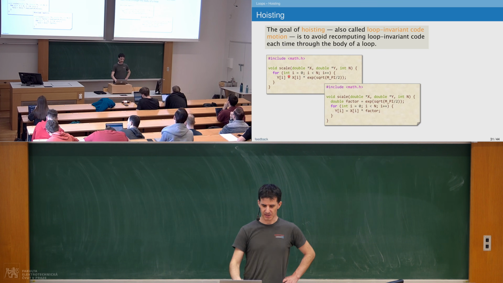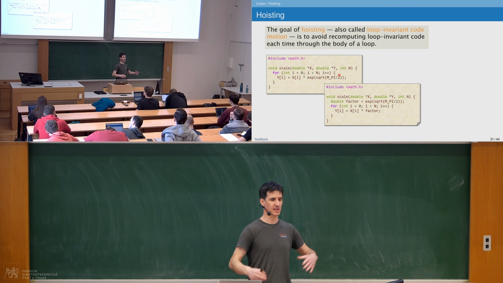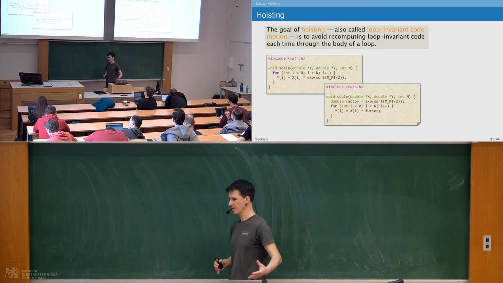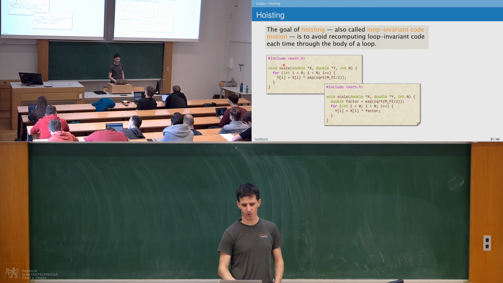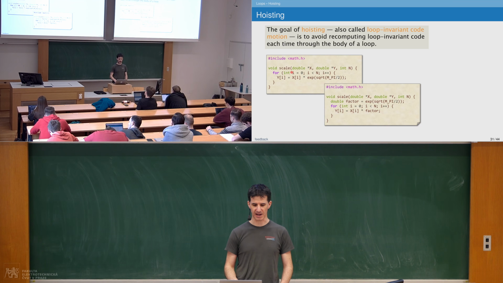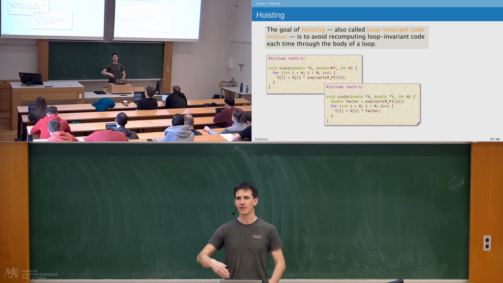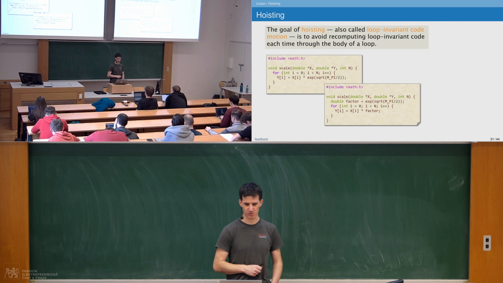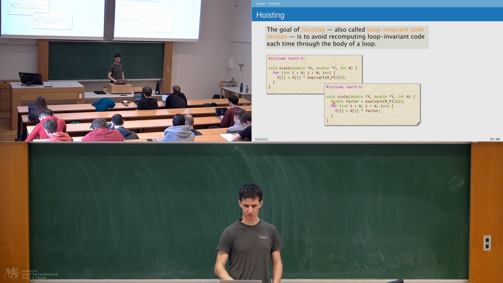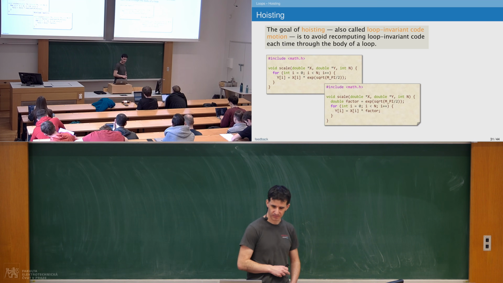If there is in this loop body some piece of code which is invariant with respect to the loop variable, here it's i, you can just move this calculation outside of the loop, compute it just once, and then reuse it in every loop iteration. So basically, you can calculate this expression in front of the loop and then just use it here.